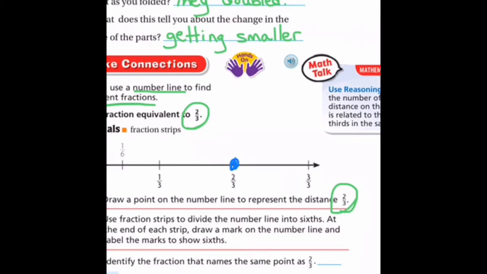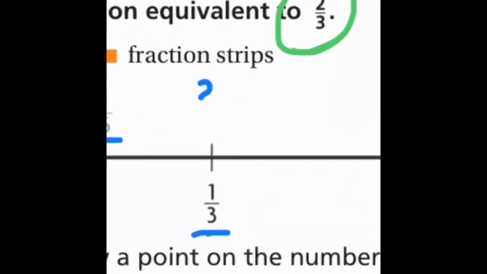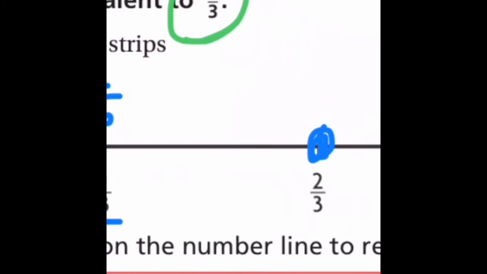Use fraction strips to divide the number line into sixths. So use your fraction strips. So we have 0/6, 1/6. Here we had 1/3. That's also going to be the same as 2/6. And then 3/6 is going to be in the middle. 4/6 is going to be above.